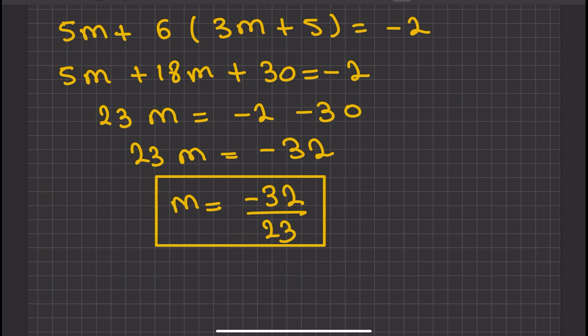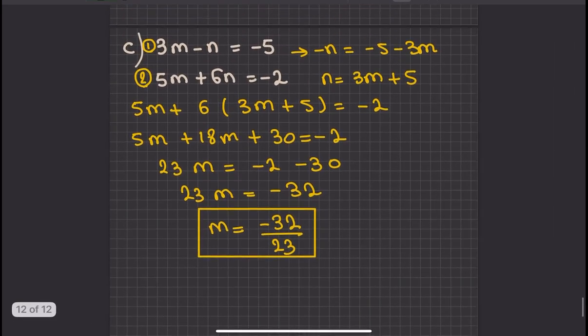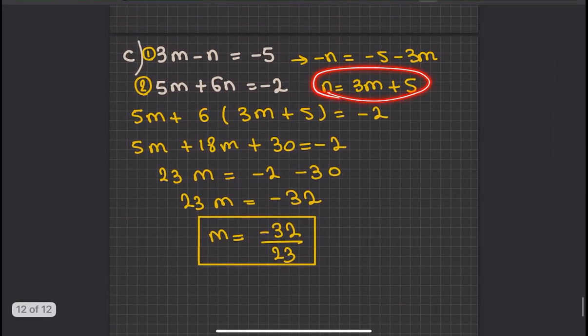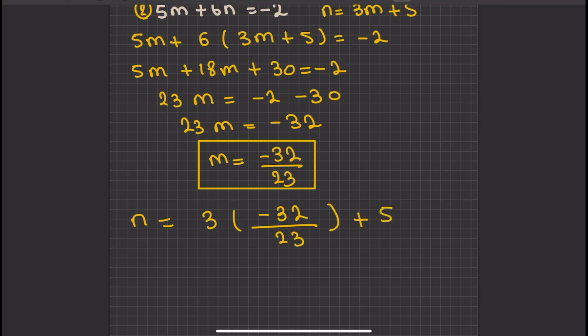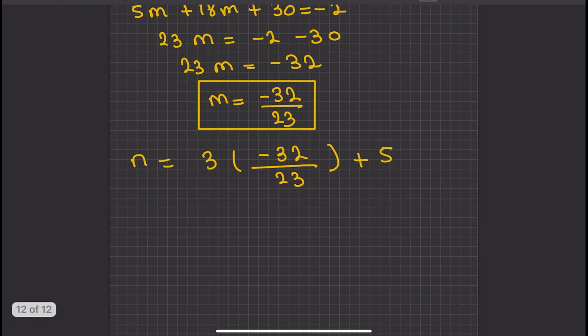So let's solve for n. I'm going to choose this one: n equals 3m plus 5. So we're going to write down n equals 3 times minus 32 over 23 plus 5. So n equals, I'm going to have a hidden 1 here.